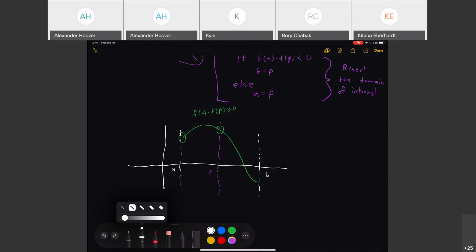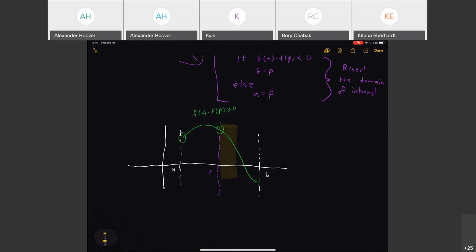Okay, there we go. So maybe our better way to put it is that the region of interest then turns into this part of the domain.